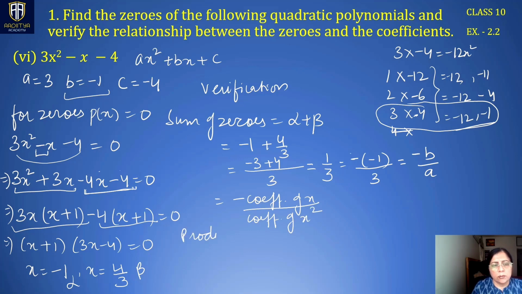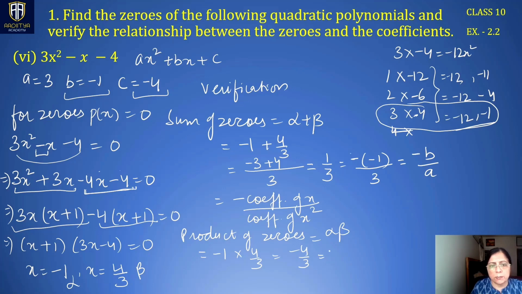So next we have the product of zeros. The product of zeros is equal to alpha times beta, which is equal to, alpha is negative 1, beta is 4 by 3, which is equal to minus 4 by 3. Now see, what is C here? C is minus 4.